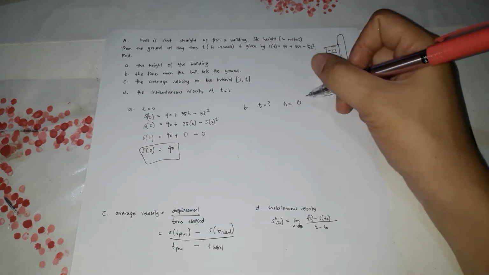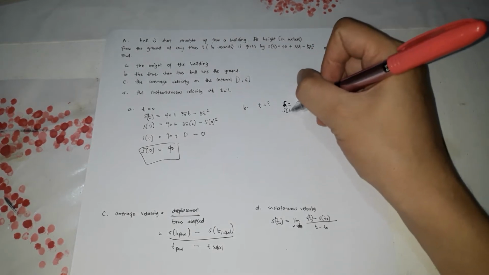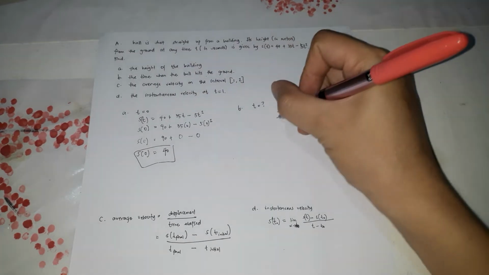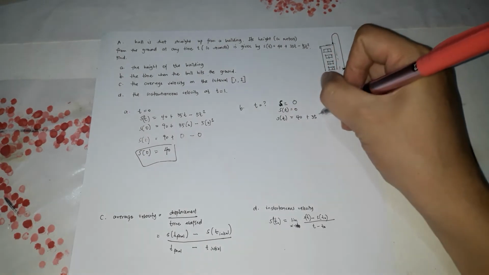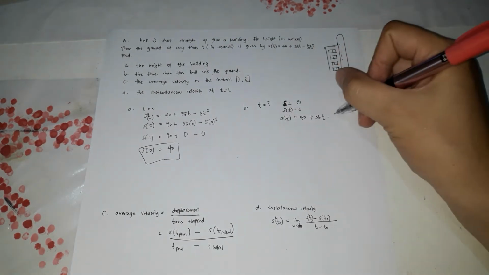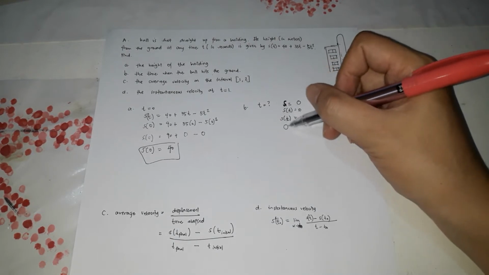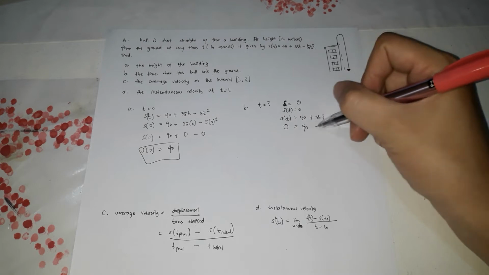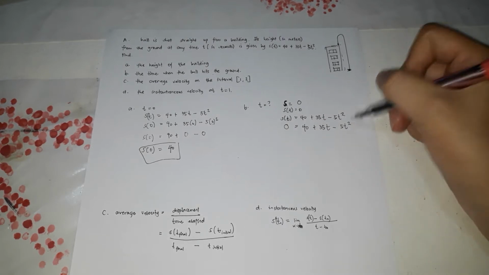So ibig sabihin, s of t is equal to 0. Let's copy first: 40 plus 35t minus 5t squared. Itong s of t magiging 0, so 0 is equal to 40 plus 35t minus 5t squared.